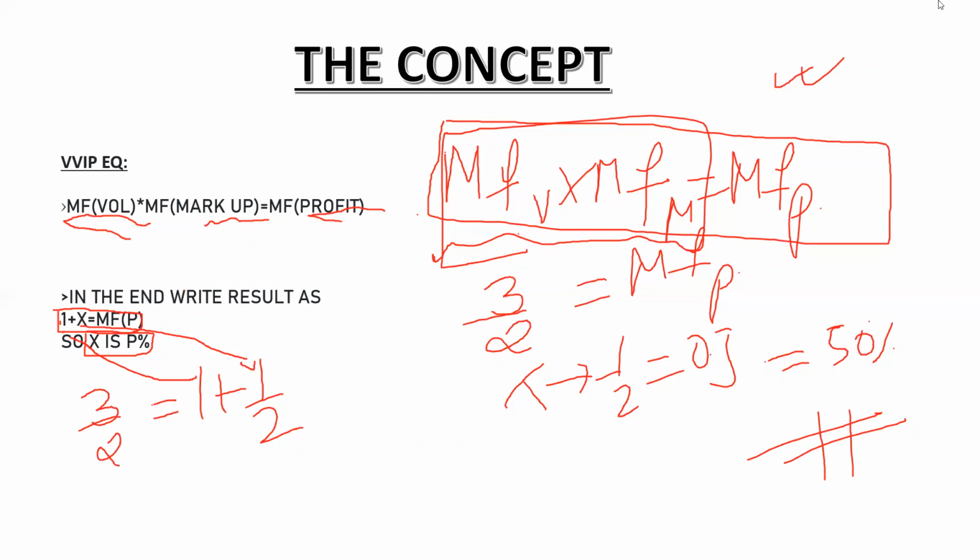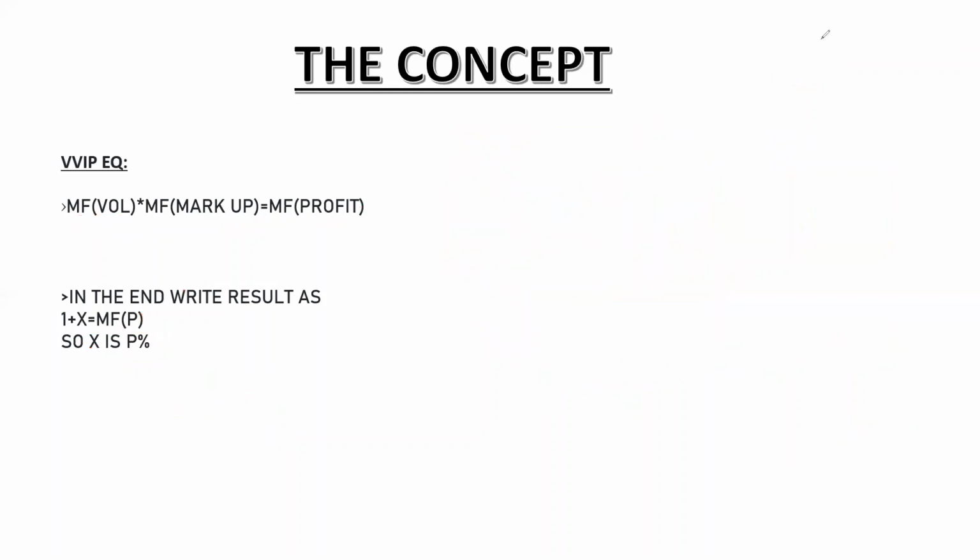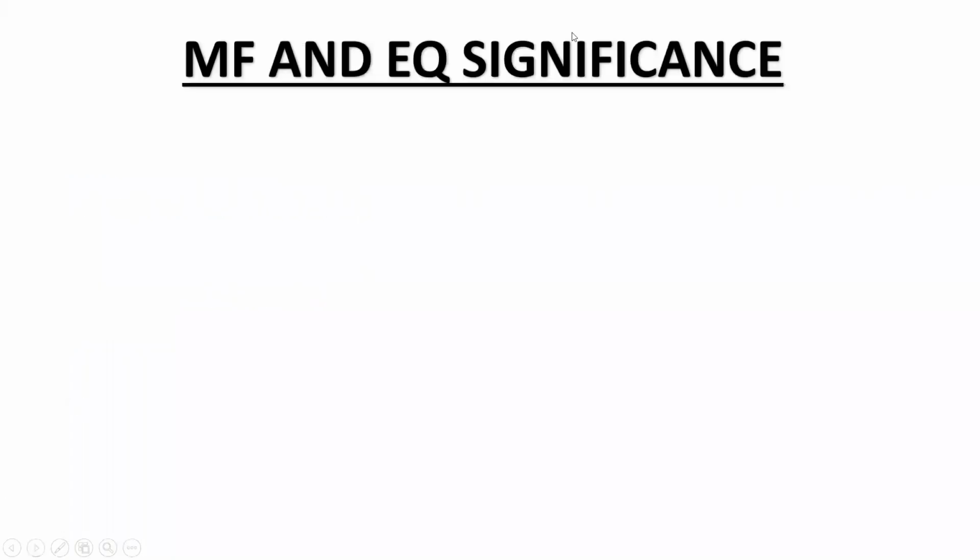Okay. Now before switching over directly to the question, let me tell you what exactly a multiplying factor is. We can't blindly use the multiplying factor without knowing it. Say you have 100 rupees and you have to convert that into 120.